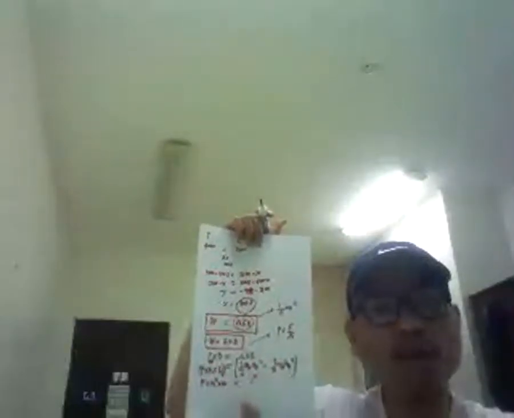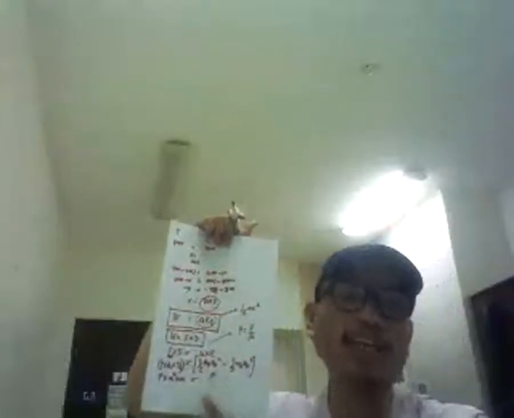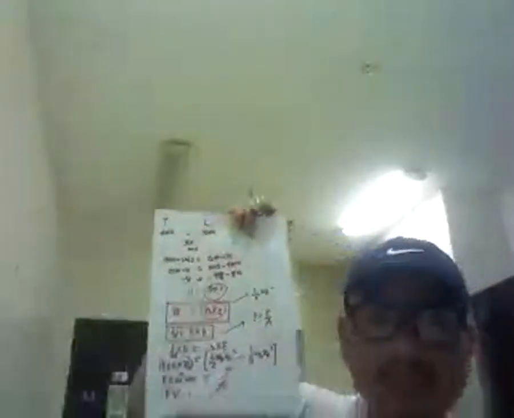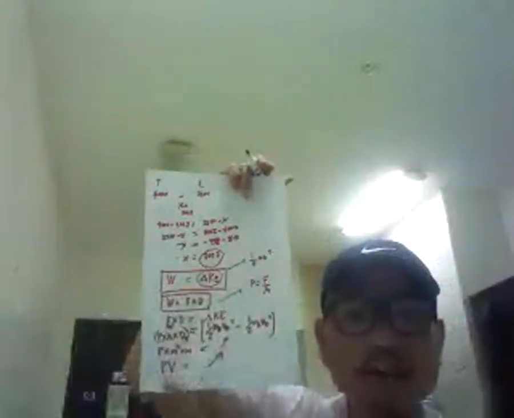Cubic centimeter also, if raised to the power 3, automatically it's a volume. So that becomes V. Replace that with capital V, volume. So this will now equal pressure times volume is equal to the change in kinetic energy. So it becomes PV.